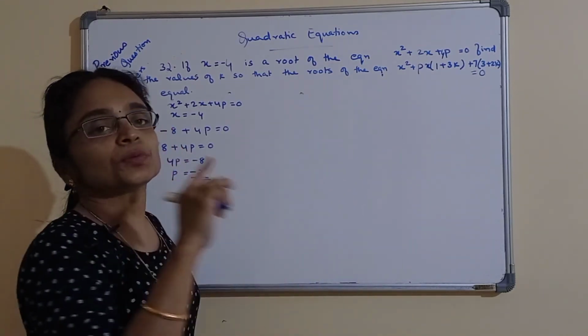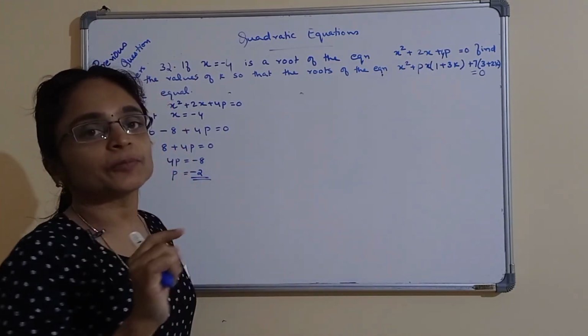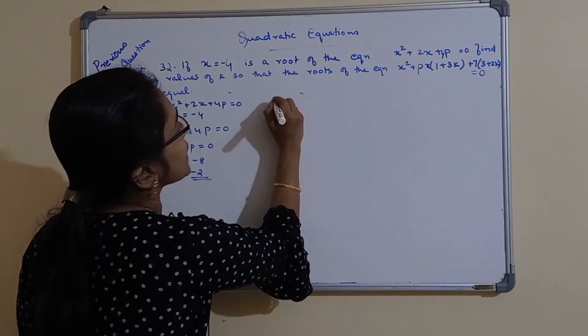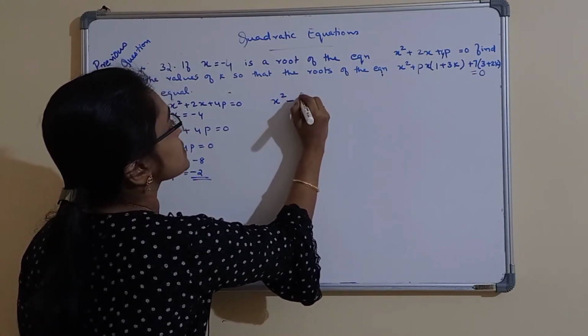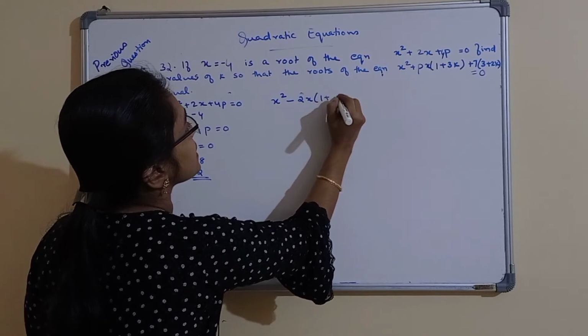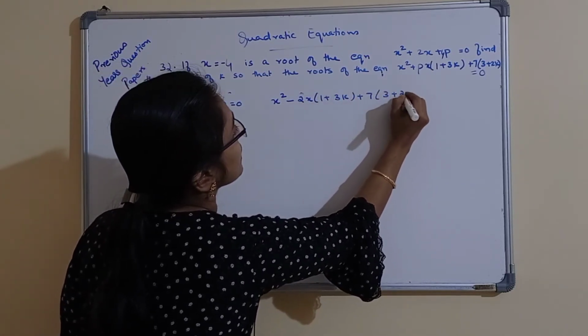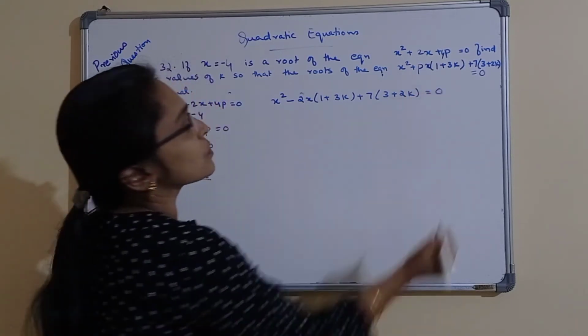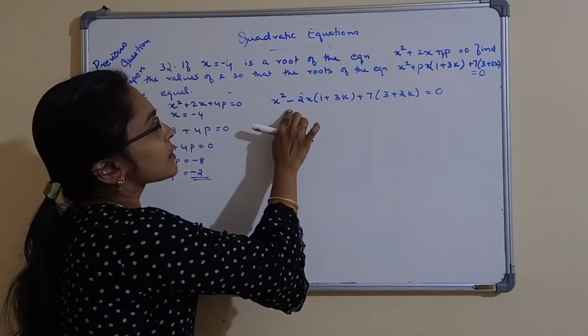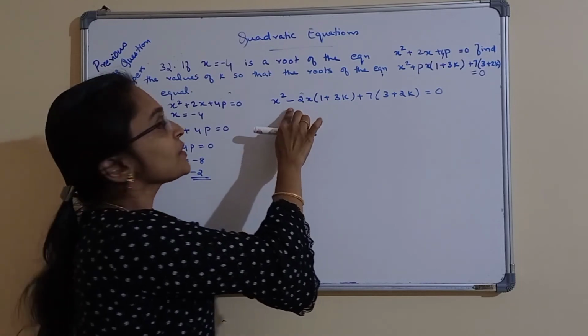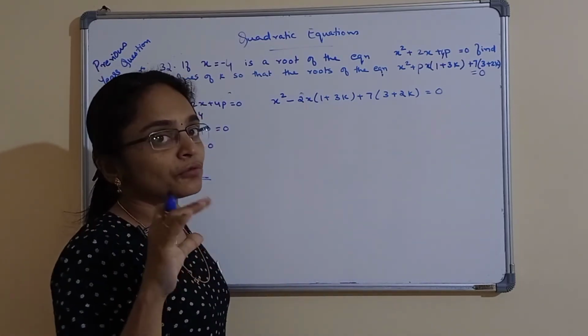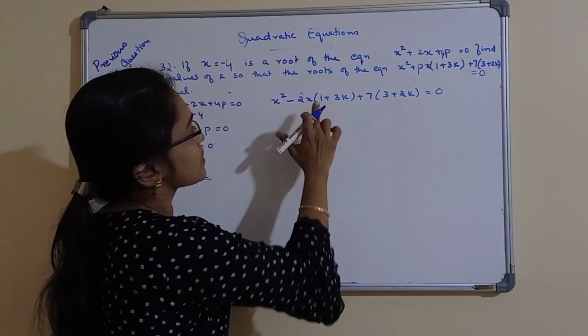Now, substitute the value of p here. Okay, so we have x square minus 2x into 1 plus 3k plus 7 into 3 plus 2k is equal to 0. So, we can convert this to the standard form of a quadratic equation in terms of x.